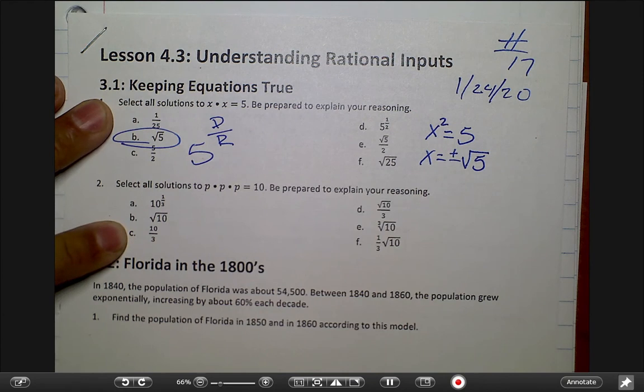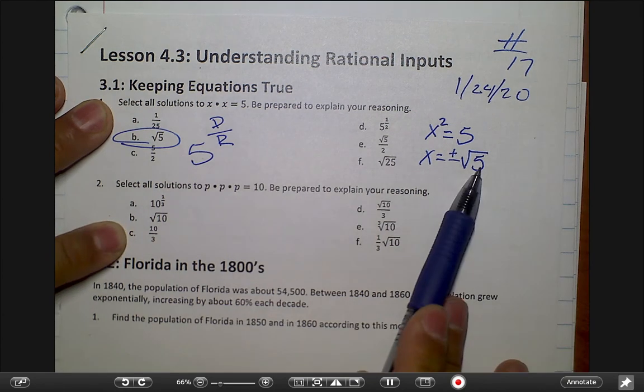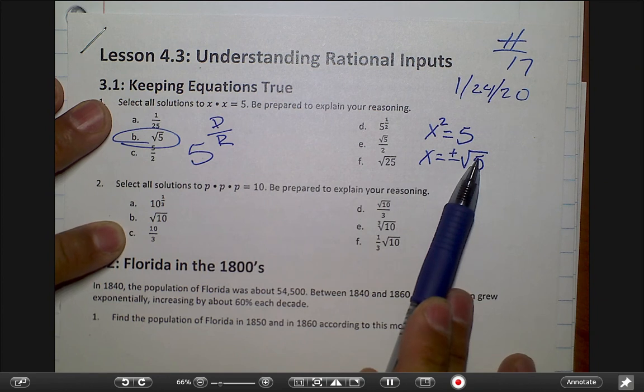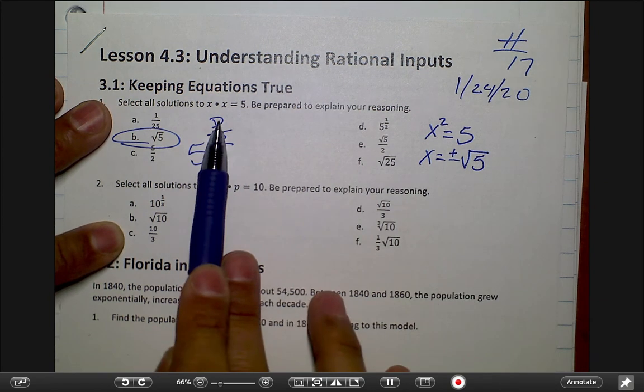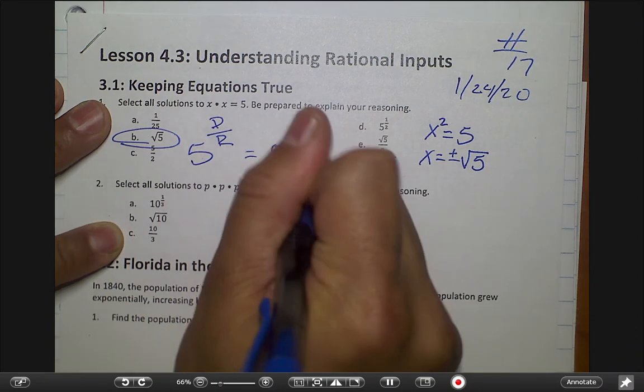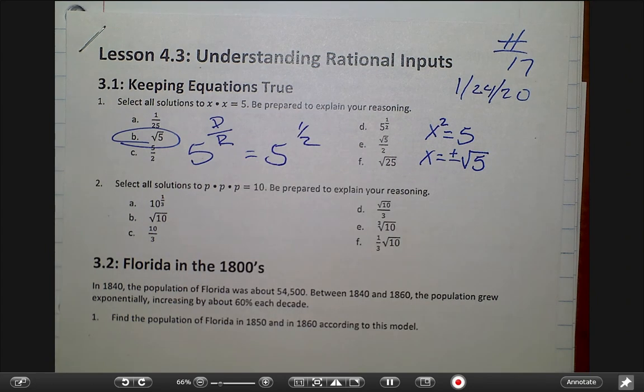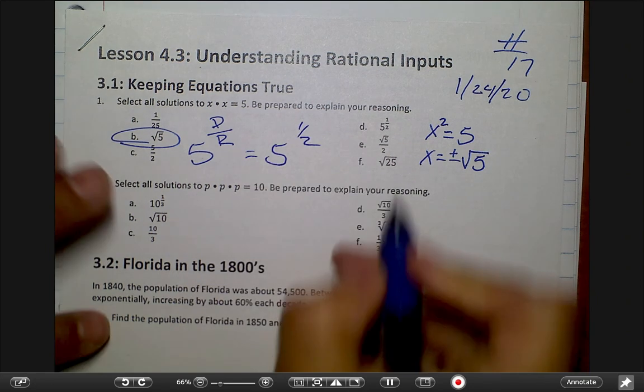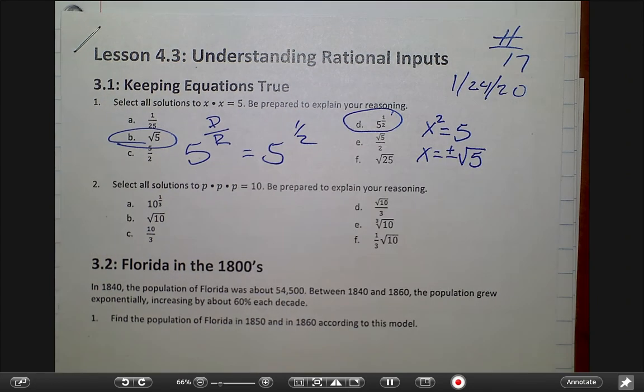In this case, this is the square root, so that's going to be the number 2. But the power, we don't have anything for the power, so that would be 1. So this would be 5 to the 1/2. So D. That's super important to try and remember.